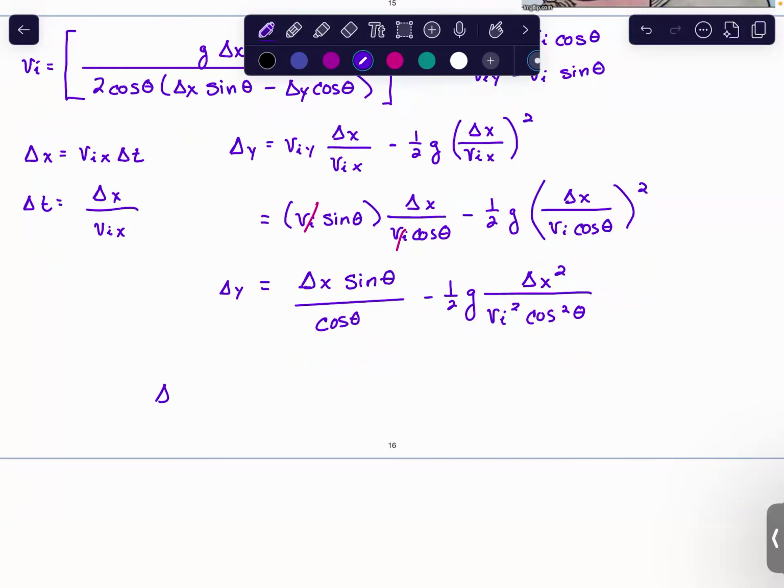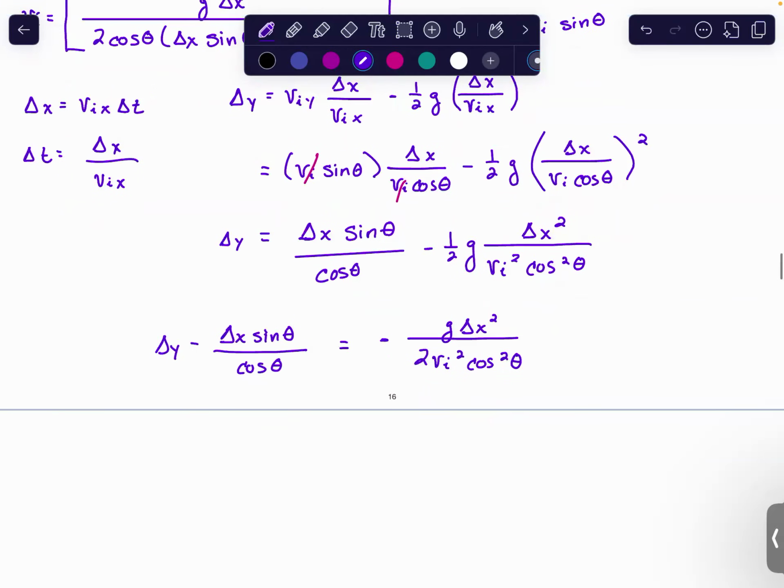So I can say delta y minus that. Then that is a fraction. We go ahead and multiply it through by -2.